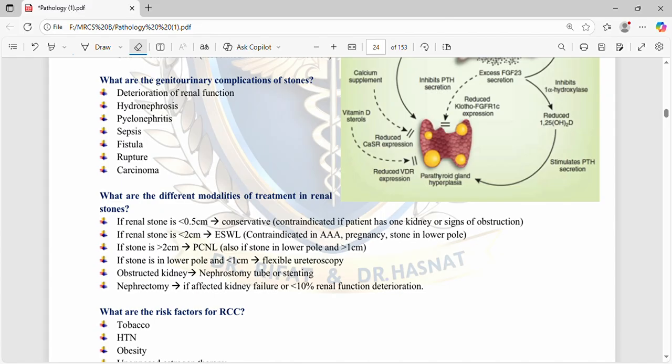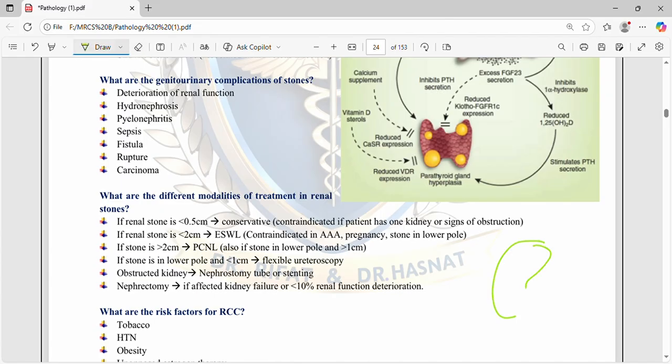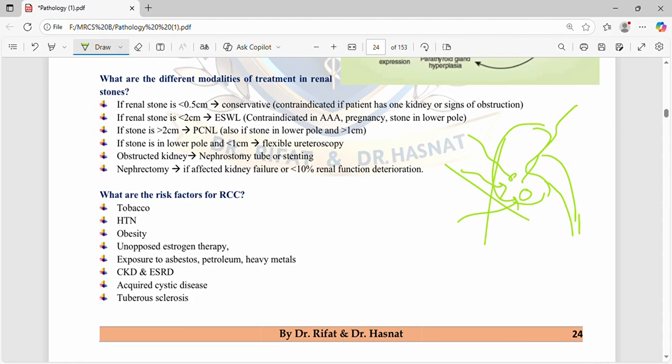For example, this is your kidney, and this is your pelvis, and we have the renal lower pole here. So extracorporeal shock wave lithotripsy is contraindicated here, in AAA, abdominal aortic aneurysm, and in pregnancy.